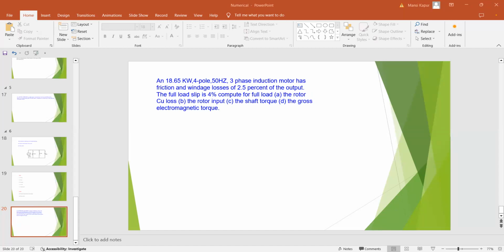How many kilowatt? 18.65 kilowatt. So can you calculate 2.5% of 18.65 kilowatt?